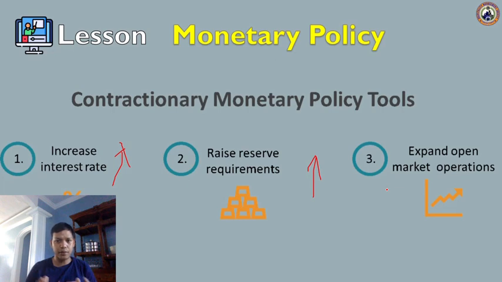Instead of 10%, they will move to 30% interest rates. And instead of supplying money, for example, 1 million in a year, they will lessen the supply of money. Instead of 1 million, we will have 500,000. So the aim of this is to bring down inflation.